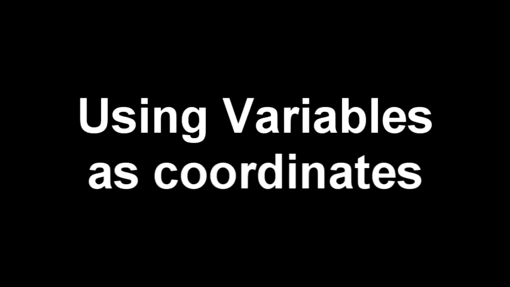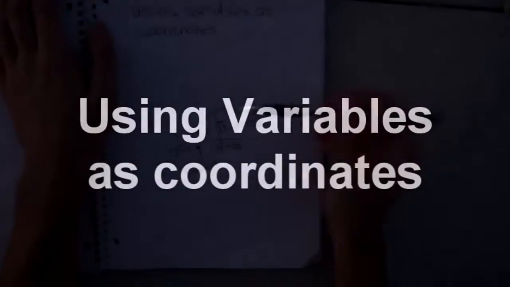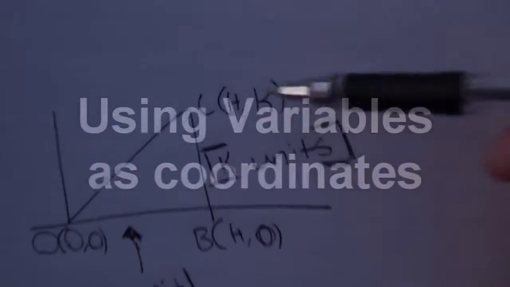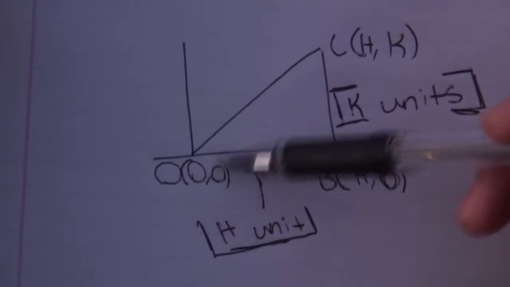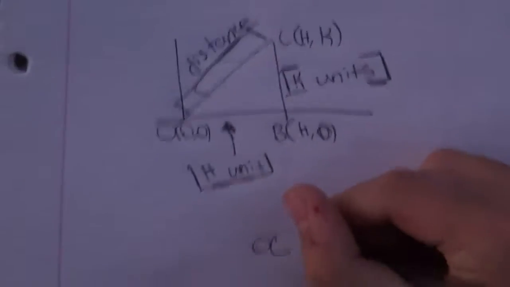You can use variables as coordinates, like instead of it being 5, 5 or something, it could be H, K, and this one is H, 0, and the origin is 0, 0, of course. To do this, once again you use the distance formula. If you're trying to find the distance of O to C, then use the distance formula.